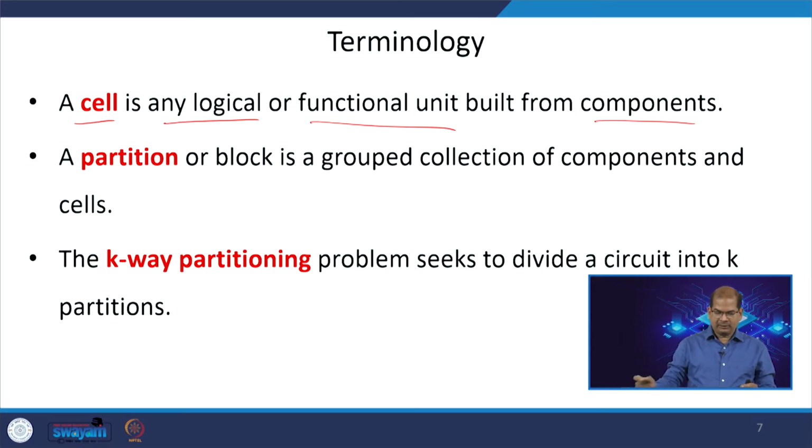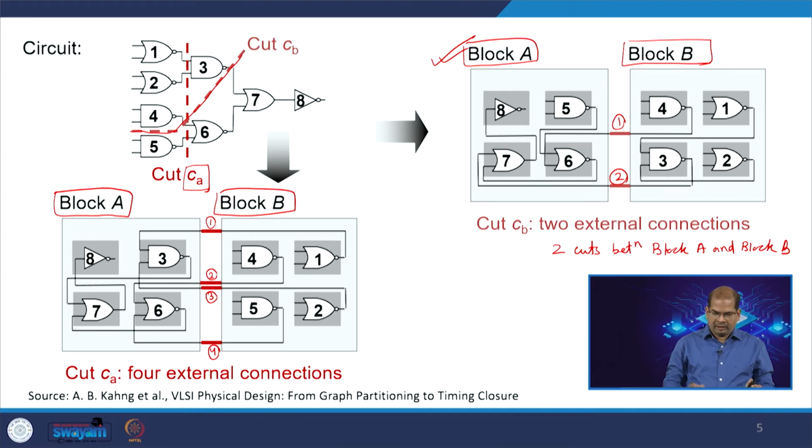Then partition. What is a partition or a block? Both are the same thing. Basically, a collection of components or cells is called a partition. For example, these 1, 2, 3, 4, 5, 6, 7, 8 are the cells.